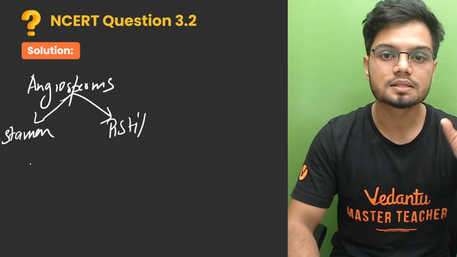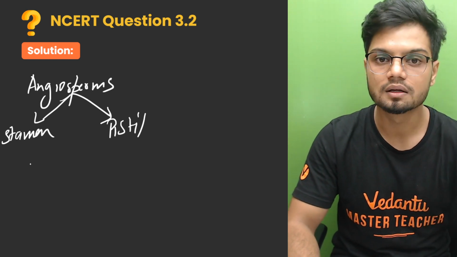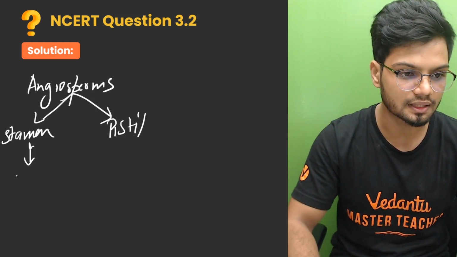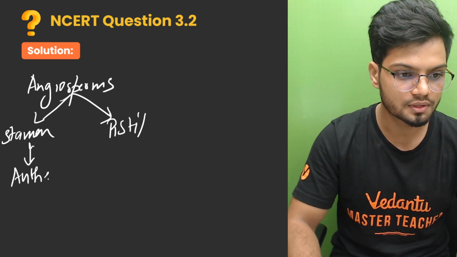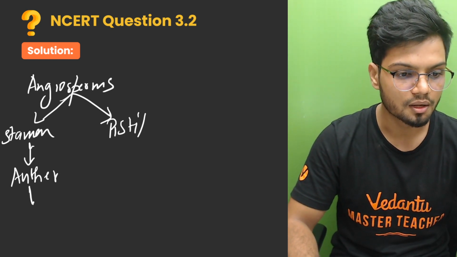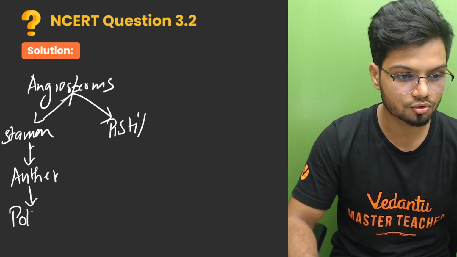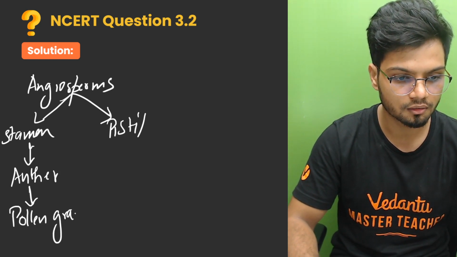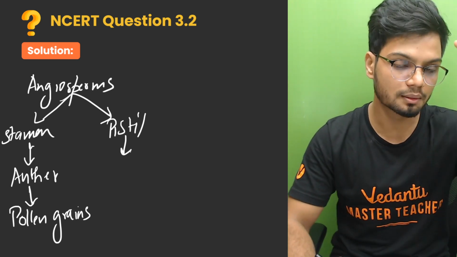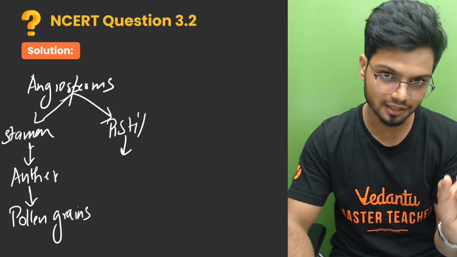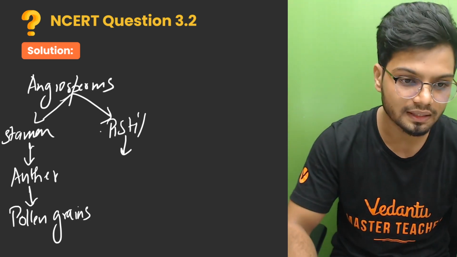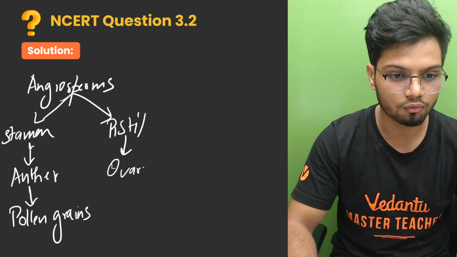The stamen is made up of two parts: the slender filament, and the anther present on the top. Inside the anther, meiosis takes place to give rise to pollen grains. The pistil is made of three parts: the stigma, the top receptive part; the style, the long filament-type part; and the basal ovary.